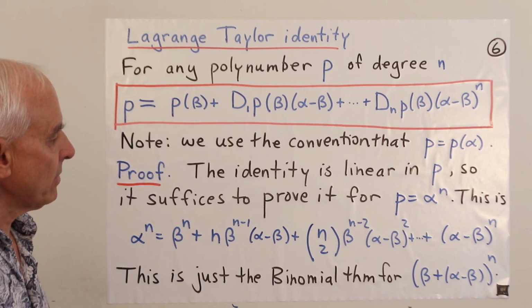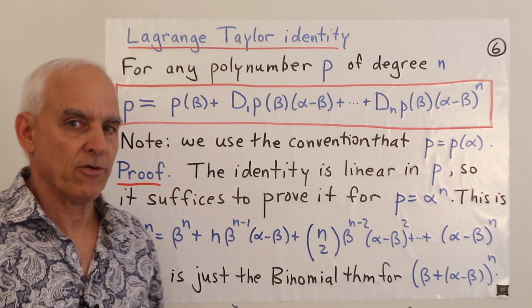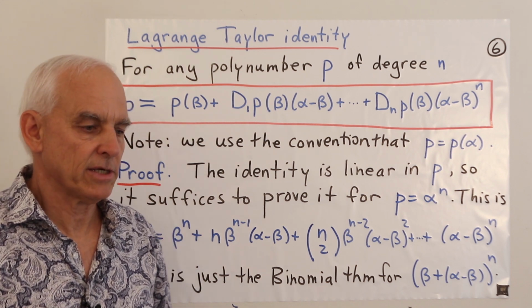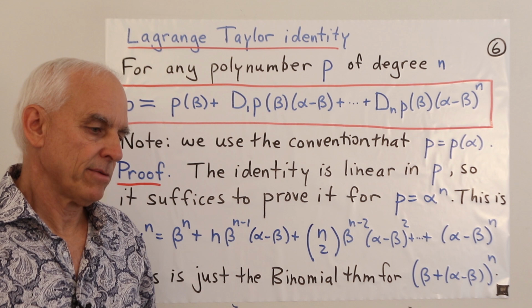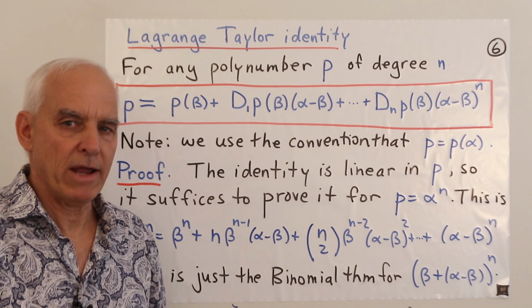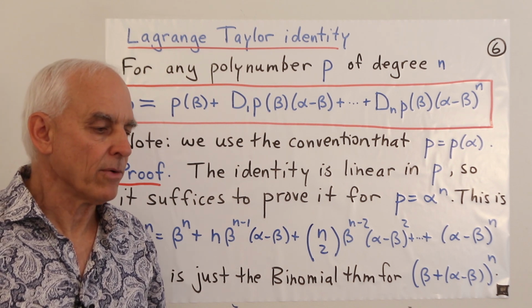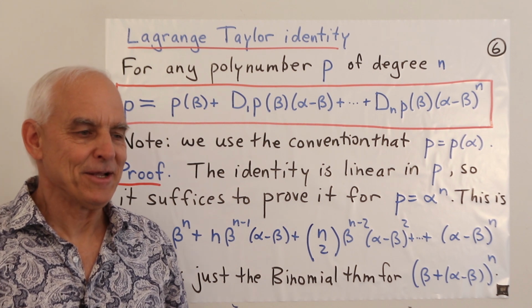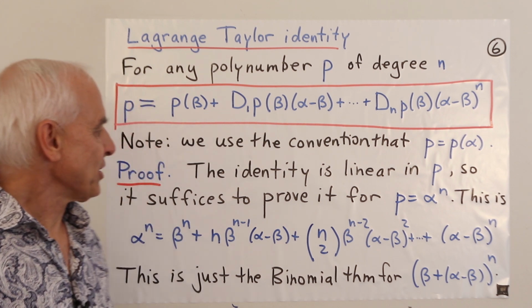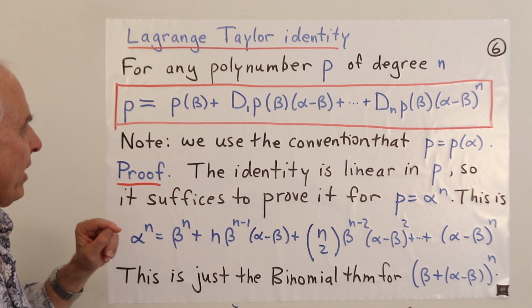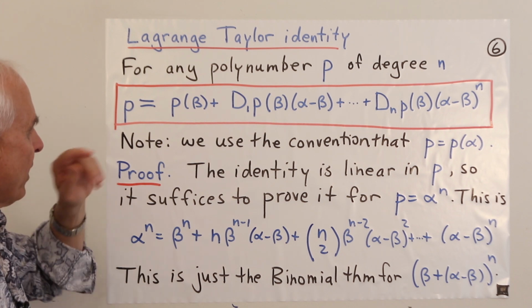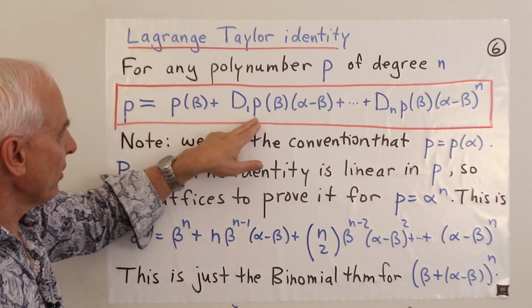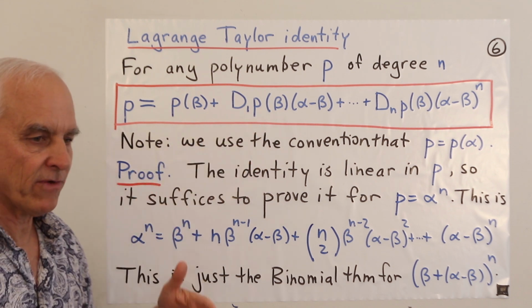Okay, I want to give you a proof of this rather remarkable identity, which shows that it's actually somewhat elementary, and it comes down, as many things do, ultimately, to the binomial theorem. So the identity is linear in P. In particular, the subderivatives are linear.